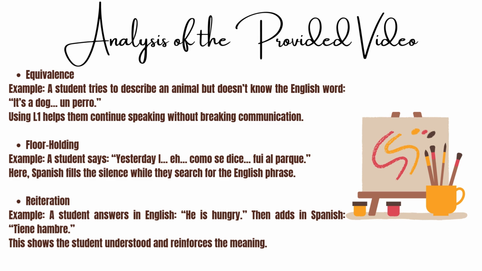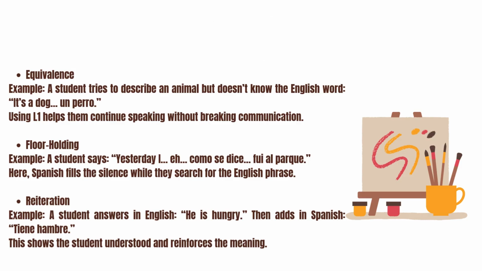Talking about floor holding, a student says, "Yesterday ¿cómo se dice? Fui al parque." Here, Spanish fills the silence while they search for the English sentence or phrase. And talking about the reiteration, the student answers in English, "He's hungry," and then adds in Spanish, "Tiene hambre." So this shows the student understood and reinforces the meaning in both languages.